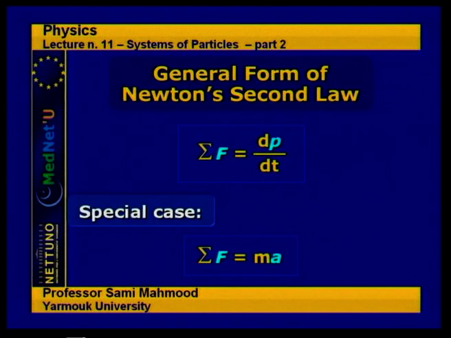If we differentiate this quantity, dp by dt equals m dv by dt, and dv by dt is simply a. That will give the forces acting on the object equal to m times a, because it's coming from m times dv by dt. The mass is a constant, and the derivative of it is 0 simply.